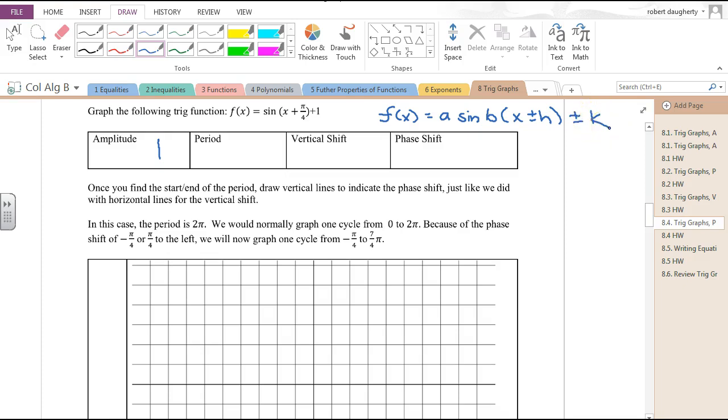So b is the number that is in front of the parentheses. What number is in front of that parentheses? 1. So the period is 2 pi over 1. What is that number? 2 pi.